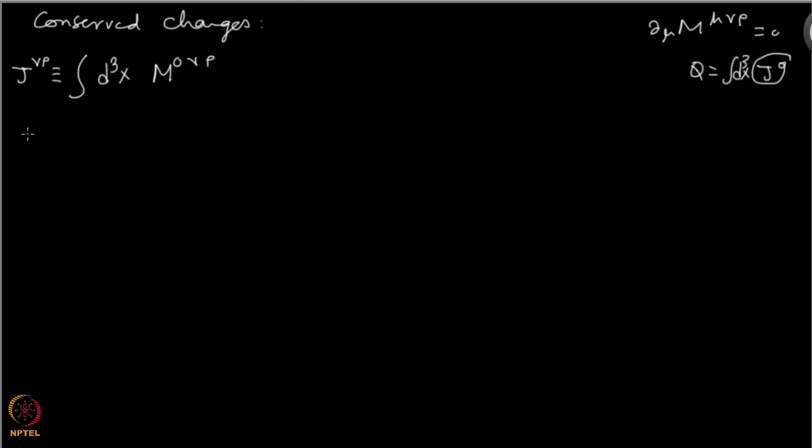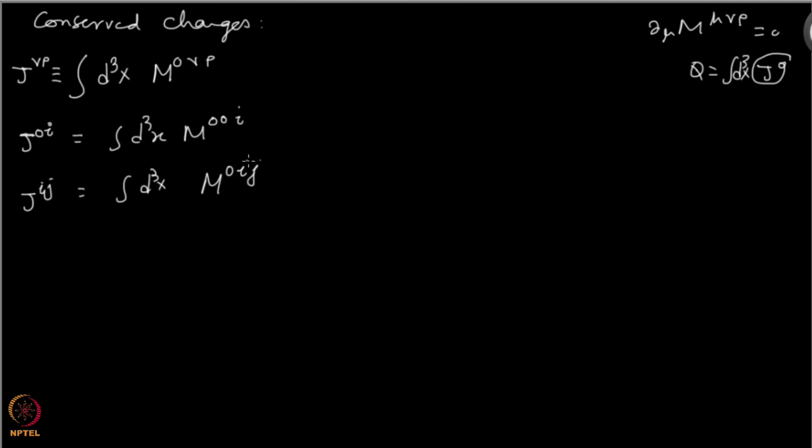If I look at what is J0I, these are the ones corresponding to boosts. This is integral d cube x M00I, and if I look at what are Jij, then this will be M0ij.